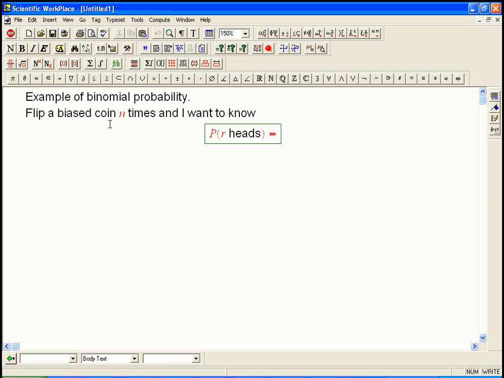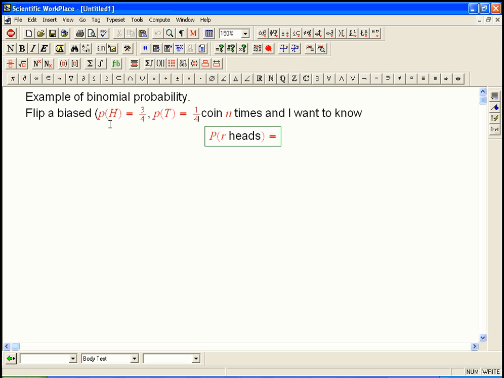Let's say the probability of heads on one trial was 3/4, and the probability of tails on each flip was 1/4.